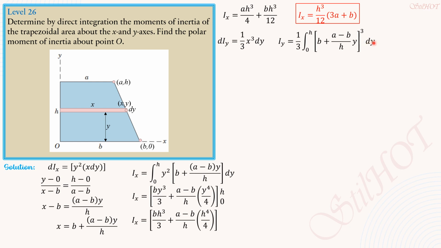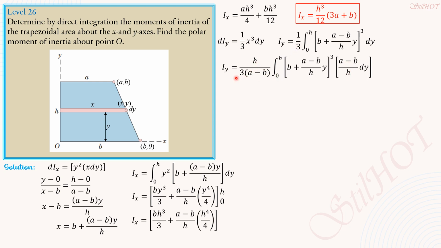If we multiply this to make it du, then the reciprocal should be written here, which is h over a minus b. So Iy is h over 3 times a minus b, integral 0 to h of quantity b plus a minus b over h y, times a minus b over h dy. So again, the reciprocal of a minus b over h is h over a minus b.